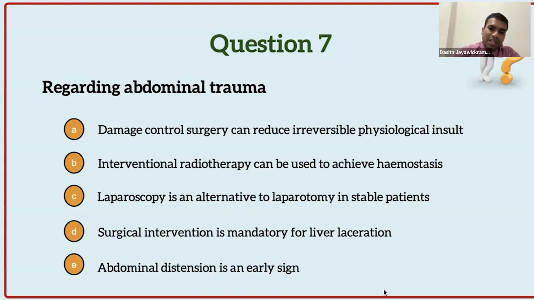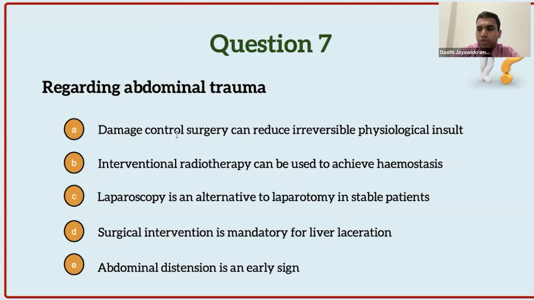Abdominal distension is an early sign. What do you think? I need an answer for this from somebody. Come on, somebody needs to answer this. Yes, Tiloka, very good. Because the abdomen can distend.